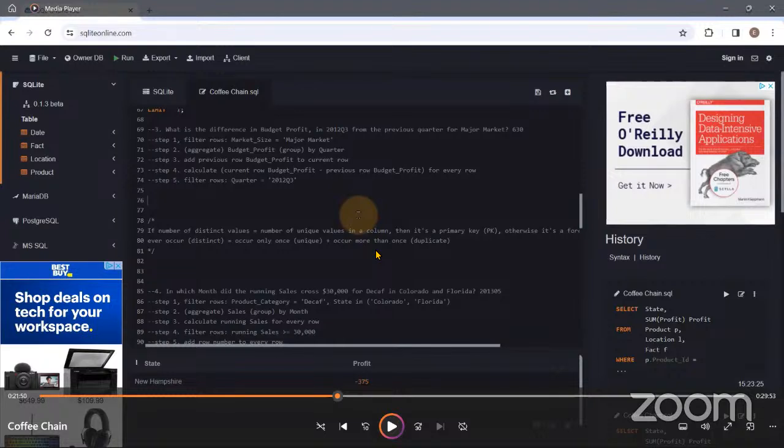It doesn't matter how complex the problem is. You break it down into dimensions and measures, and then you figure out the steps you will take to solve the problem. And then you start coding, right? And for every step you can run it, and then you will see if the result is what you expected. And then you go to the next step.